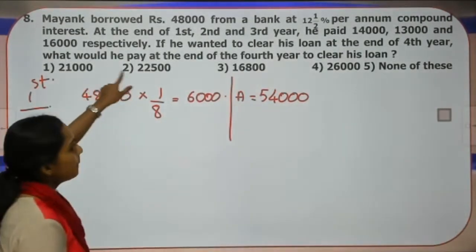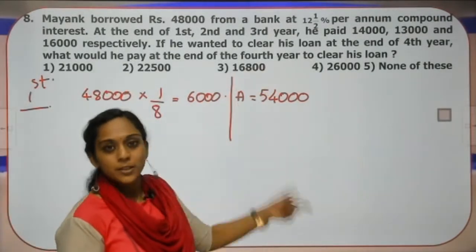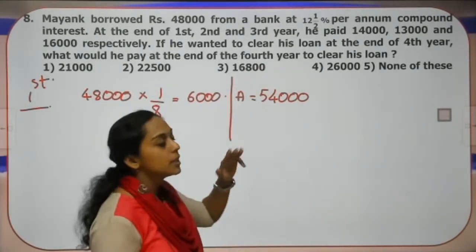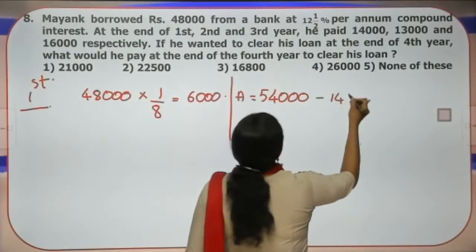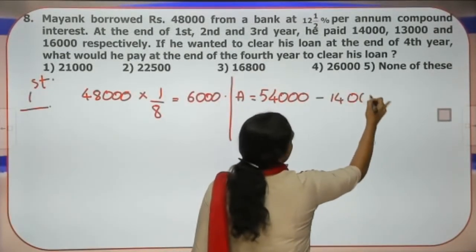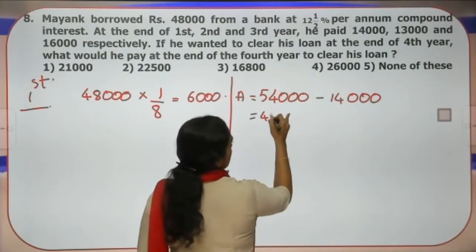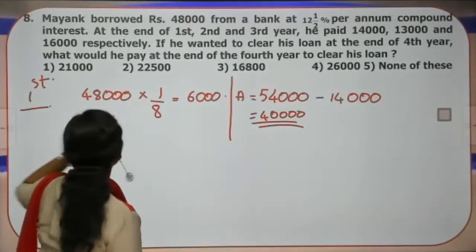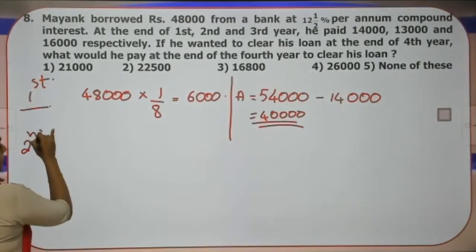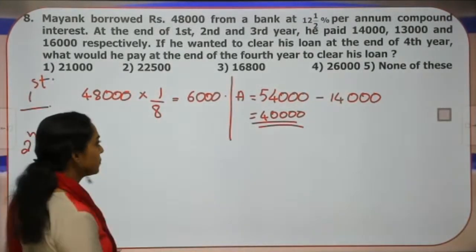But he paid 14,000 at the end of the first year, so what will be the new amount? That will be 54,000 minus 14,000, that is 40,000. That is his new amount, the principal for the second year.